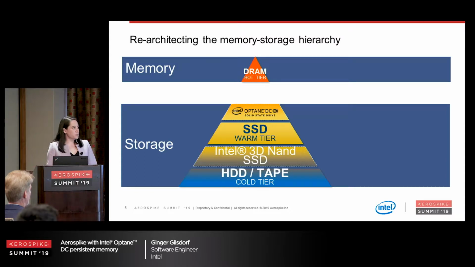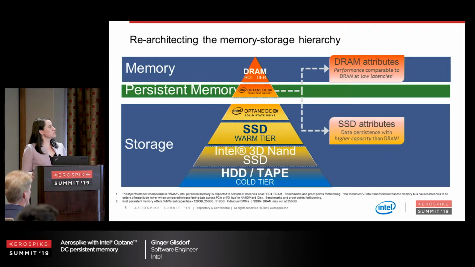Again, they're a great choice for storage, but there's still this large gap in terms of speed, in terms of capacity, and in terms of performance. So what we've done with Optane DC persistent memory is bridge the two.